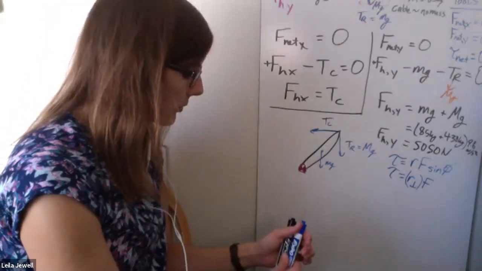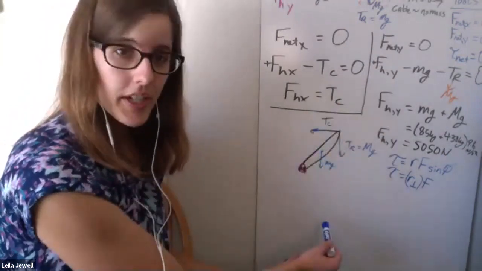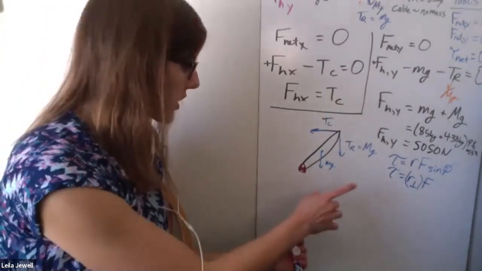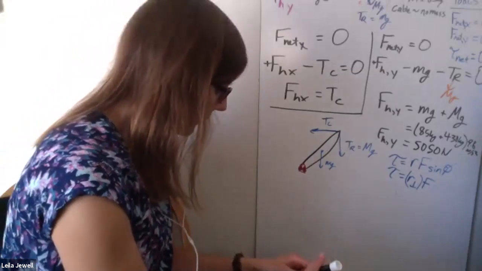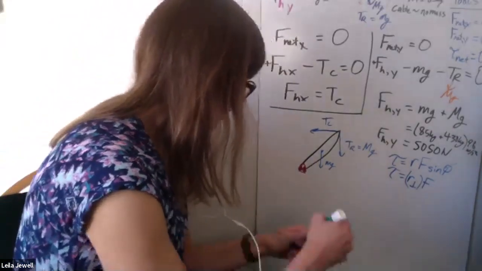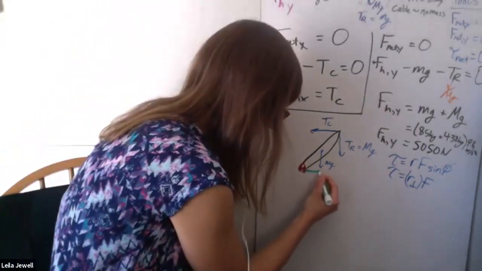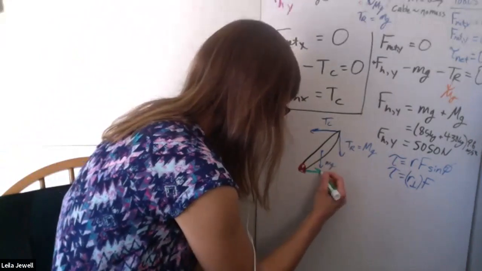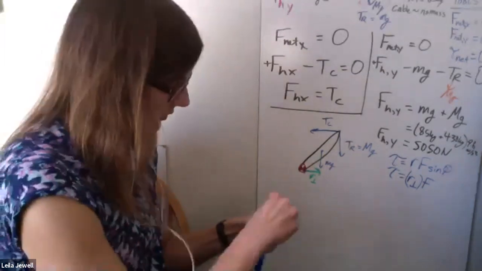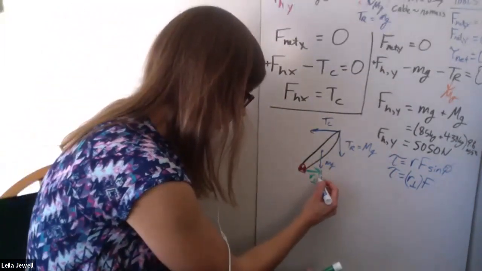My R perpendicular points anywhere along this line of action, which is the direction the force is acting up, and it's a perpendicular intersection with that from the axis of rotation pointed to it. So for this particular case, it would have to be horizontal to stay perpendicular to that. So this would be my R perpendicular for my little mg to get a perpendicular intersection with that line of action.